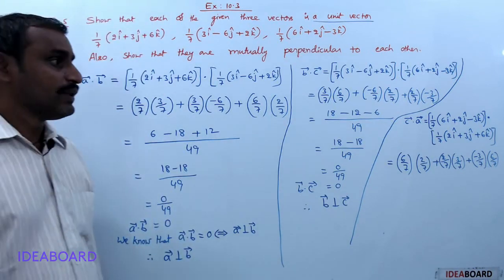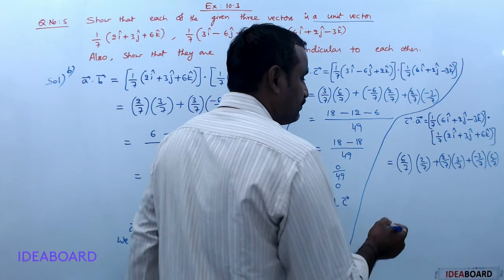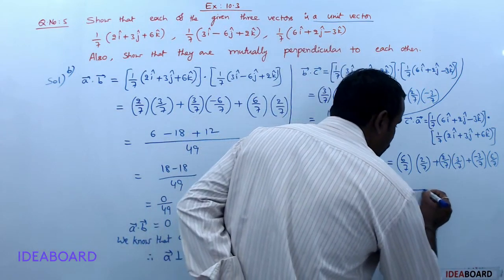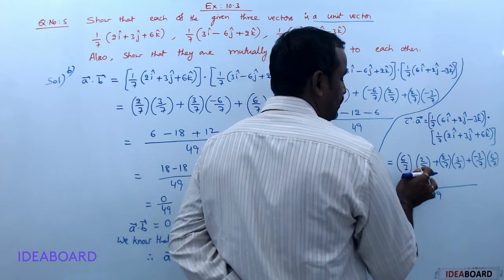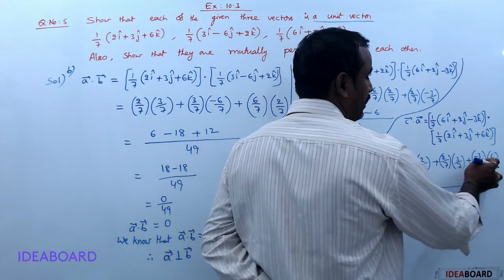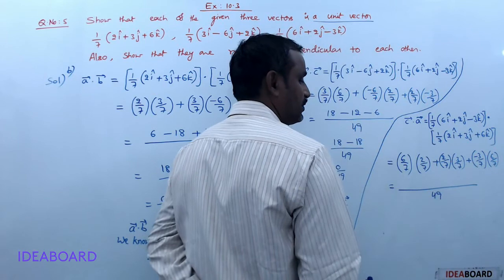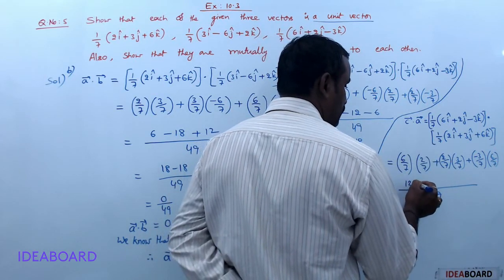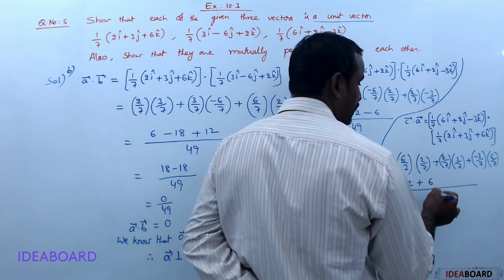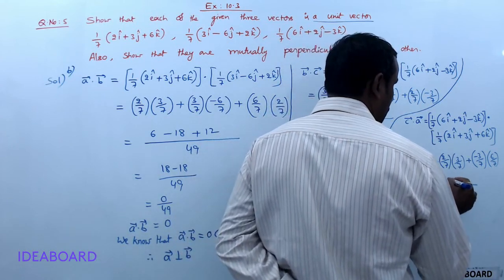So now the denominator is 49 like previous: 7 sevens are 49, here also 7 sevens are 49, here also 7 sevens are 49. So 49 is the LCM. Numerators you can multiply: 6 2s are 12, plus 6 2 3s are 6, minus 3 into 6 is minus 18.